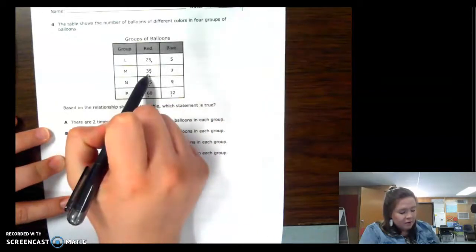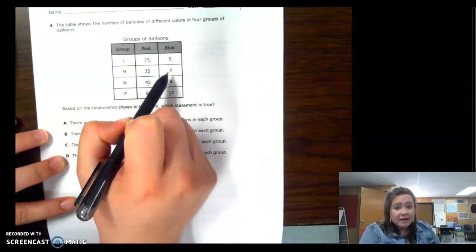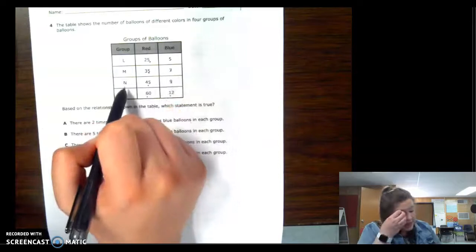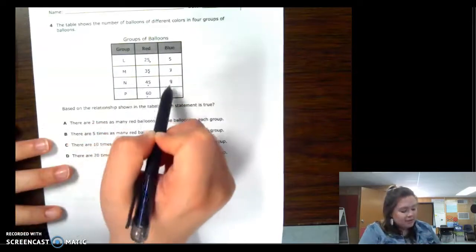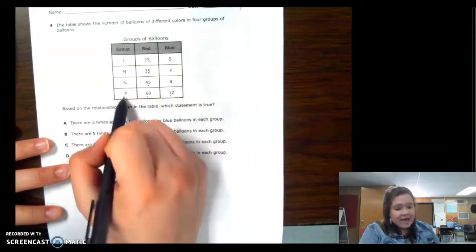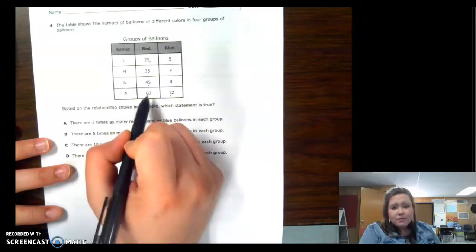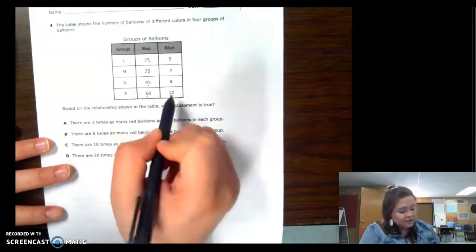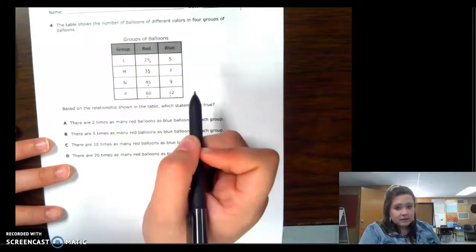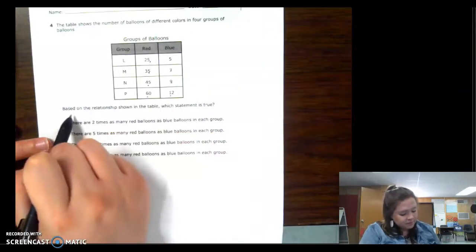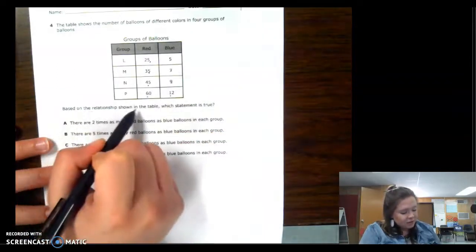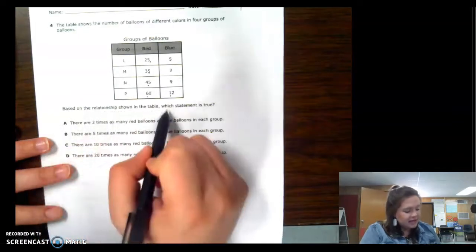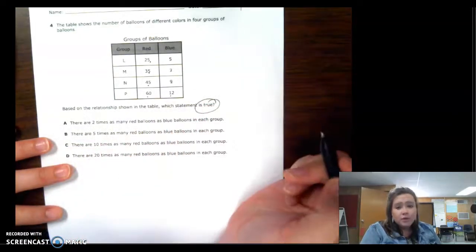Group M, 35 red balloons, is 7 blue balloons. N, 45 red balloons, is 9 blue balloons. And group P, 60 red balloons, is 12 blue balloons.